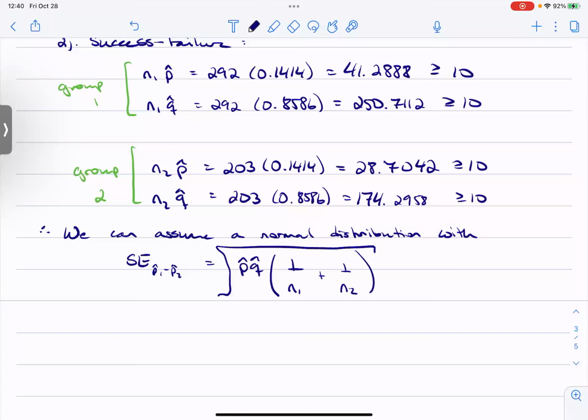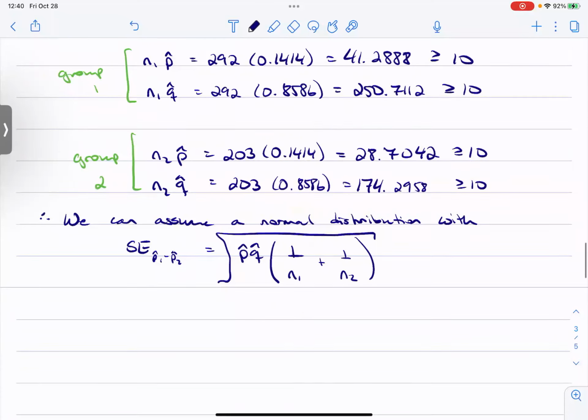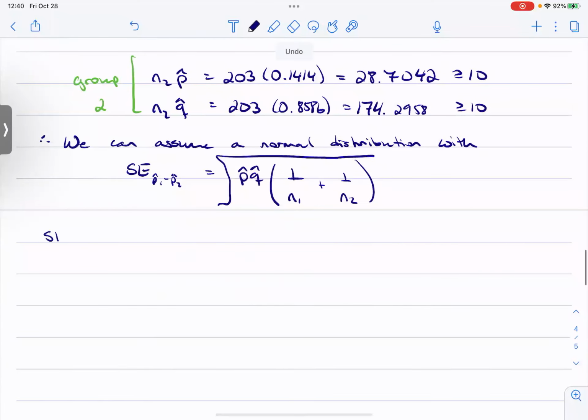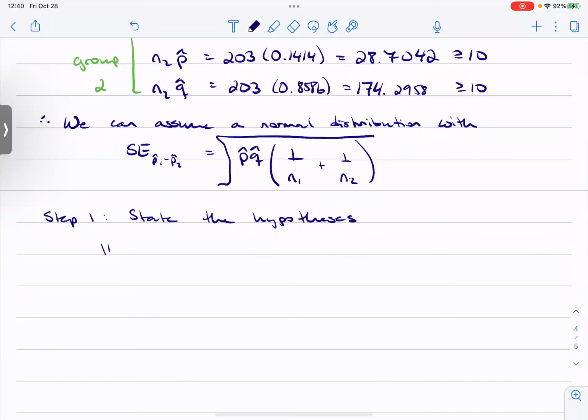We're finally ready to start this hypothesis test. So step 1, we're going to state the hypotheses. In terms of the control group and the truckers, the null hypothesis is that the proportion in the control group is equal to the proportion in the trucker group.